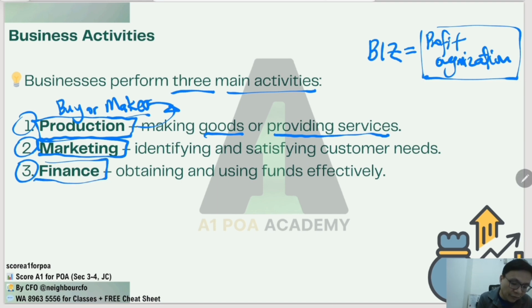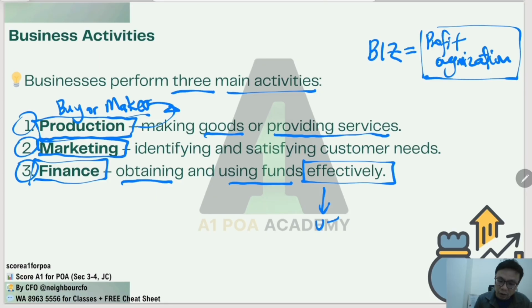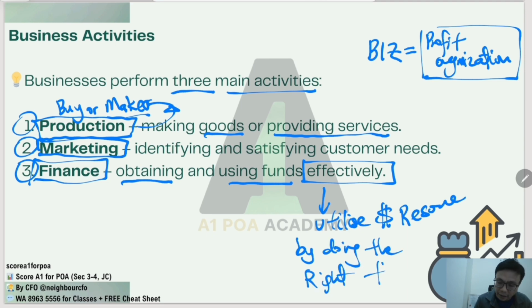So last but not least, we have finance. It is only through production and marketing that finance comes into the picture. We are talking about getting paid, and we are also talking about paying. So finance is obtaining and using funds effectively. When we talk about effectively in the context of finance, we are saying to utilize the financial resources by doing the right thing.